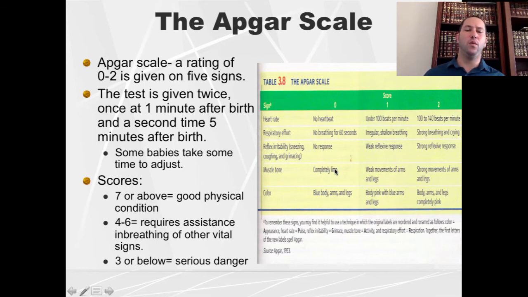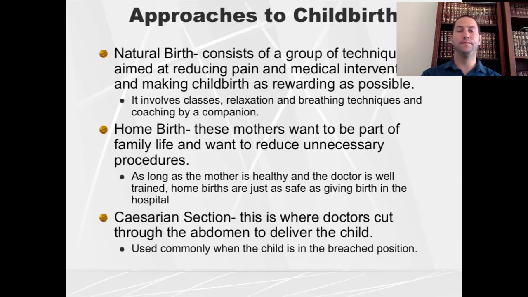We test the child 1 minute and 5 minutes after birth, and the rationale is some children take a little longer to adjust, and we're cognizant of that. So any score of 7 or above is fine. Both of my children were 9s. Anything between 4 to 6 requires attention. Anything 3 or below, the child's in serious danger.